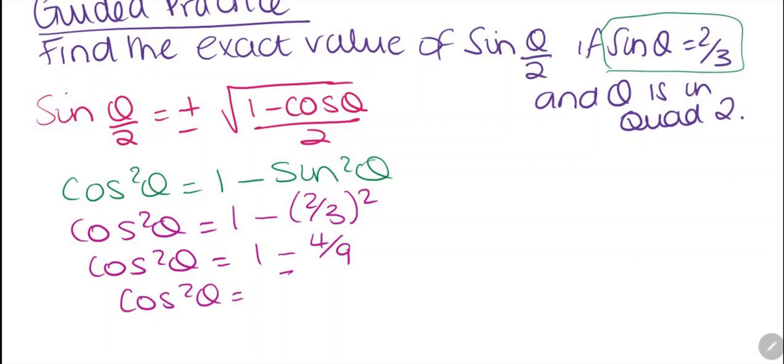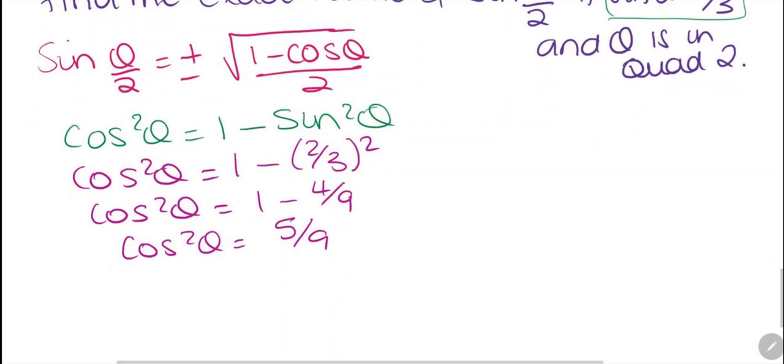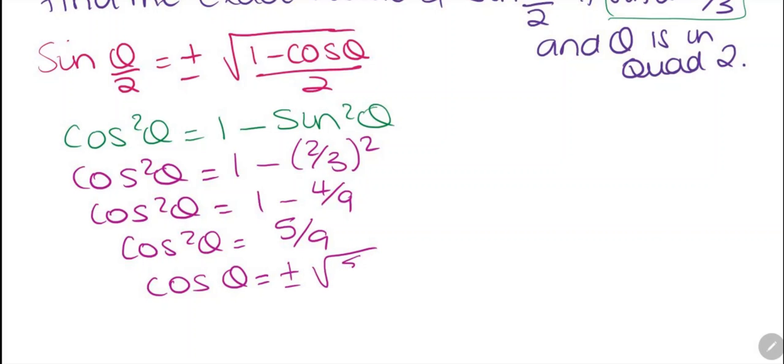So 5/9, and we need to take the square root. So cosine theta is going to be plus or minus the square root of 5/9, which is plus or minus root 5 over 3.